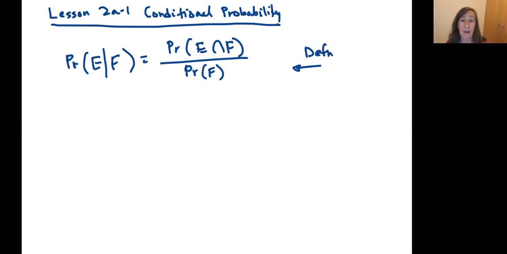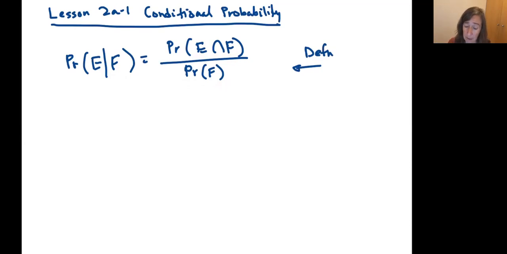We're not uncertain about it anymore. So it's really the joint probability that has got to be up there in the numerator. And down here in the denominator, we need to have the probability of the conditioning event in order for the probability of E conditional on F and E complement conditional on F to sum to 1. And they've got to do that because they're a probability function just like any other one.